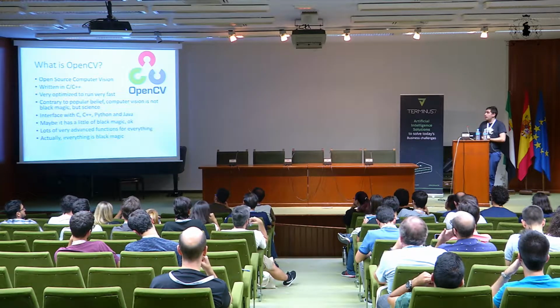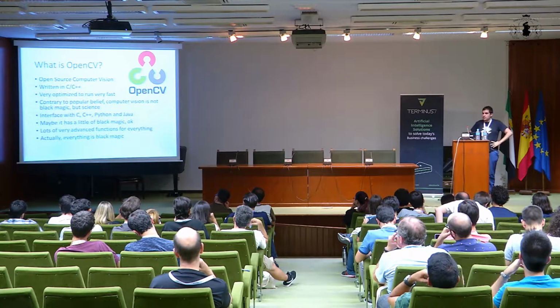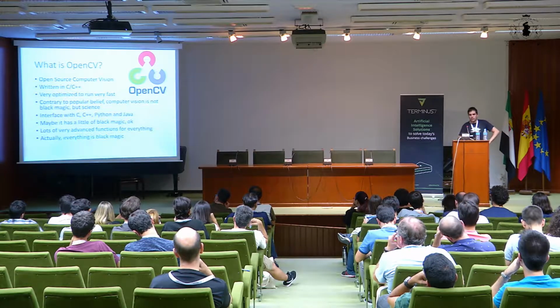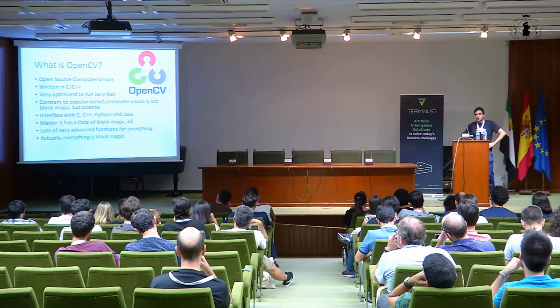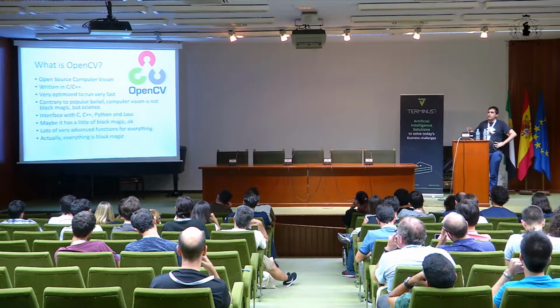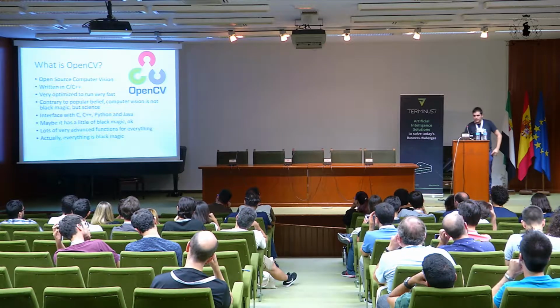OpenCV is a library written in C and C++. It's open source, and it's, I think, the most important library for artificial computer vision. And it has a very nice interface with Python that you can use with total ease.